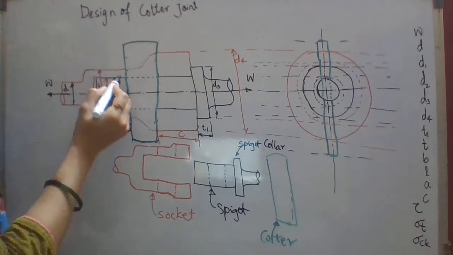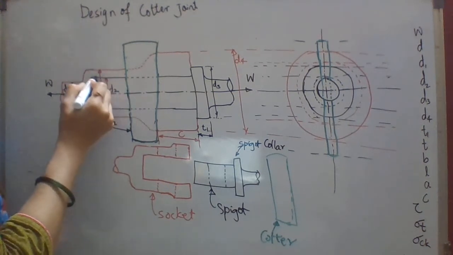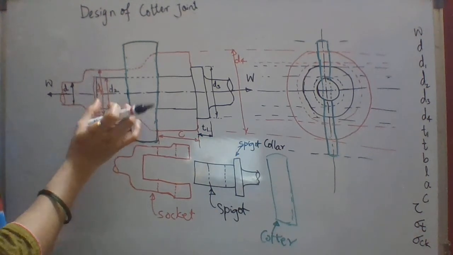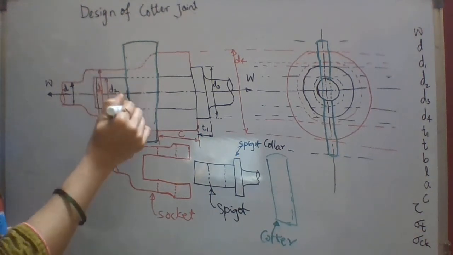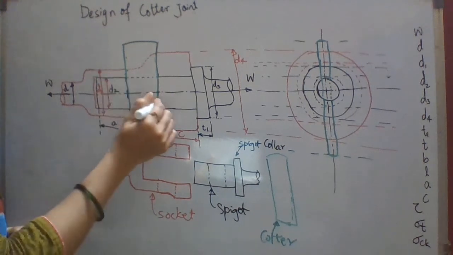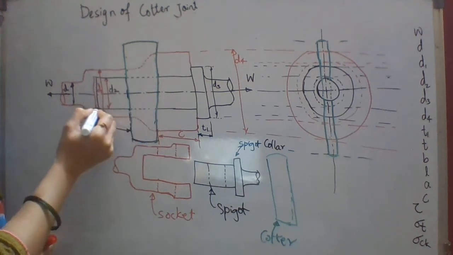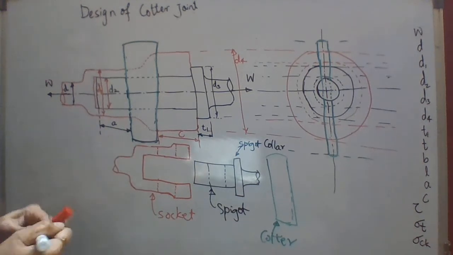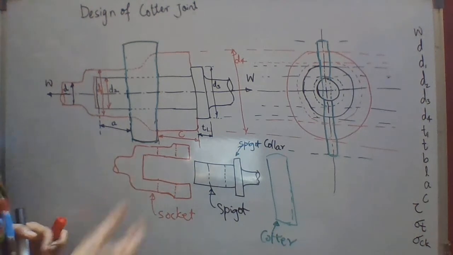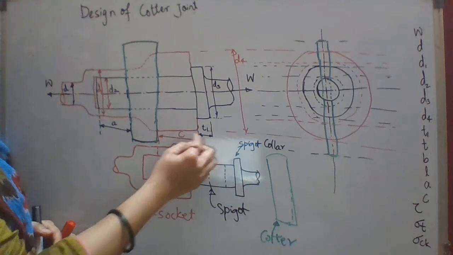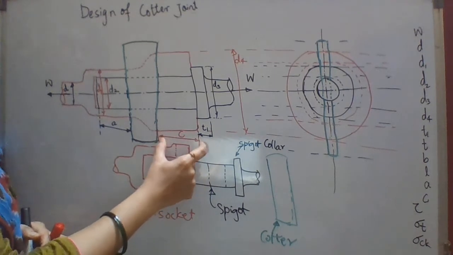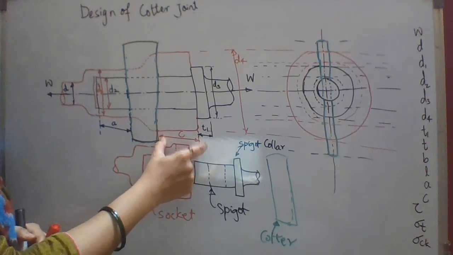This is the starting of the slot. From this point up to the end of the spigot, this length is small letter a. Now the same type of length for the socket, from the slot end up to the end of the socket, this length is small letter c.